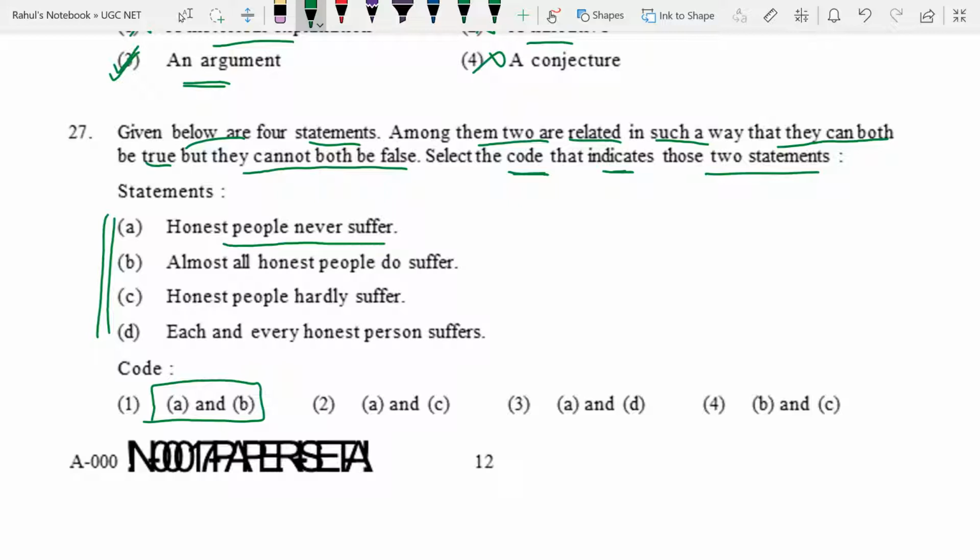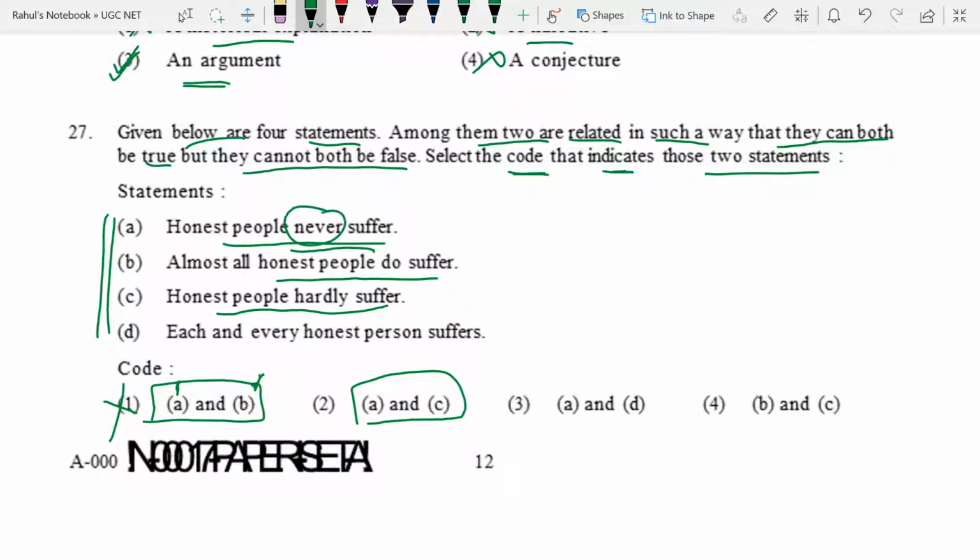A: honest people never suffer, and B: almost all honest people do suffer. So statement B is contradicting statement A, so it is not the correct answer. Let's take A and C. Honest people never suffer, and C is honest people hardly suffer.